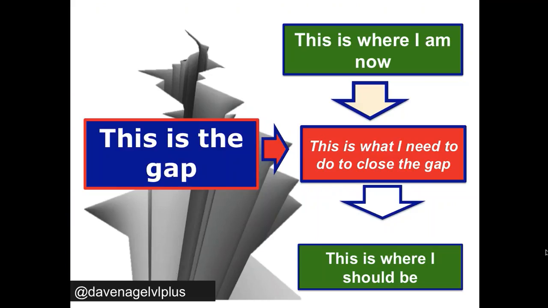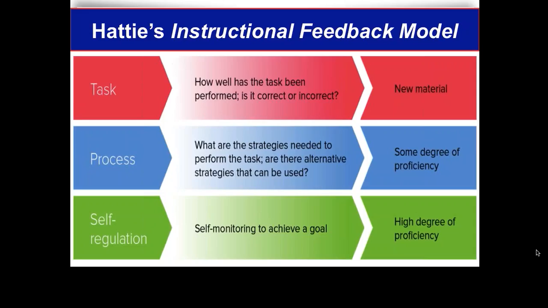The scoring guide should help students know their next learning step, and at the same time have teachers help guide them through what's missing, or what possibly, if it's all present, what's their next learning step if they're at that achieves or proficient level. And it's a great place, and I'll tie this in back at the very end, to bring in Hattie's instructional feedback model. Task feedback early in learning when the material's new or emergent.